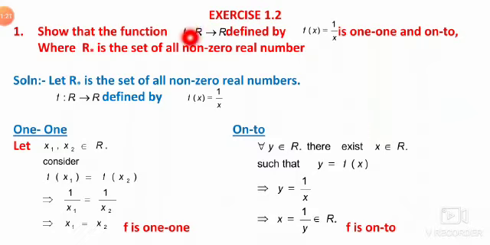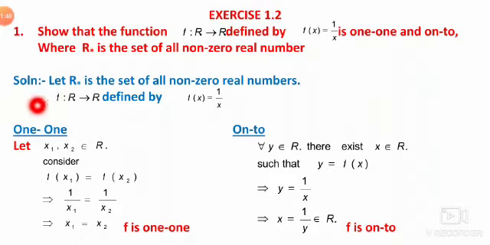The 0 is not included in the set of real numbers, and the codomain is also the set of non-zero real numbers. Therefore the domain and codomain are the same set. The function f of x is equal to 1 by x is called a rational function. For this rational function we have to show that it is 1-1 and onto.